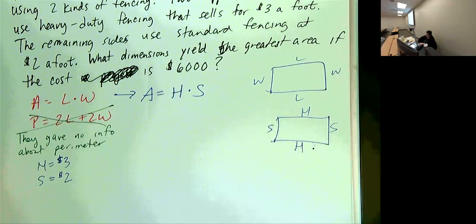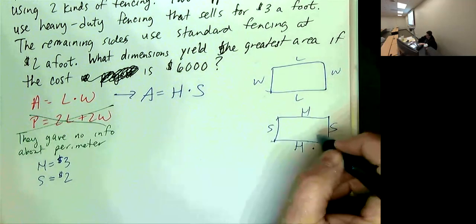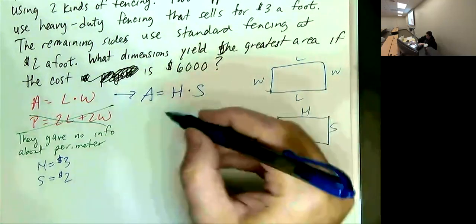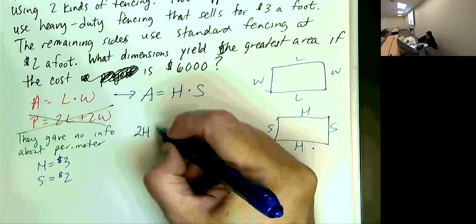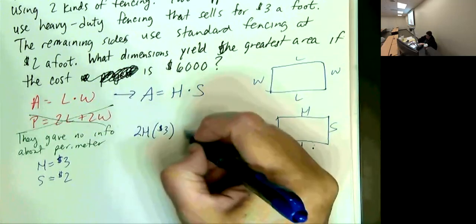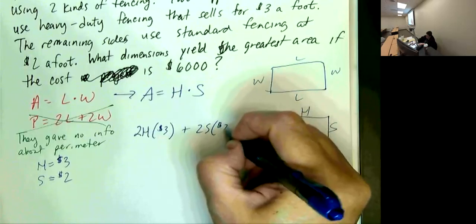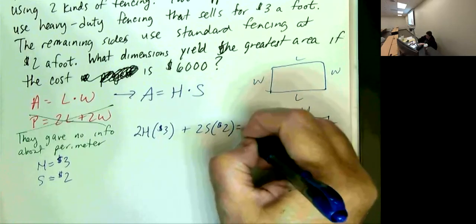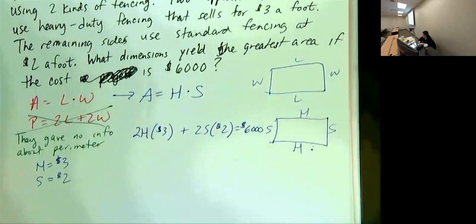Perimeter sneaks in here. The cost of the fencing is going all the way around. We need 2H times its cost plus 2S times its cost to equal the $6,000.